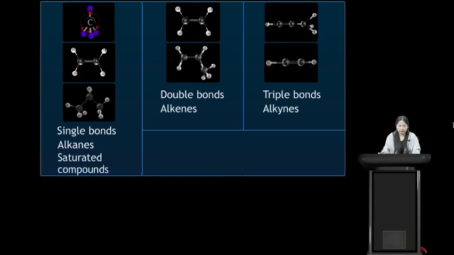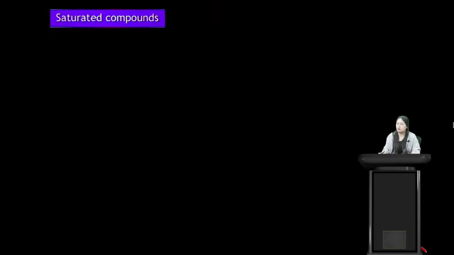Again, the organic compounds containing only carbon-carbon single bonds are called saturated compounds. So alkanes are saturated compounds and alkenes and alkynes are unsaturated compounds. Let us see what are saturated compounds and what are unsaturated compounds.